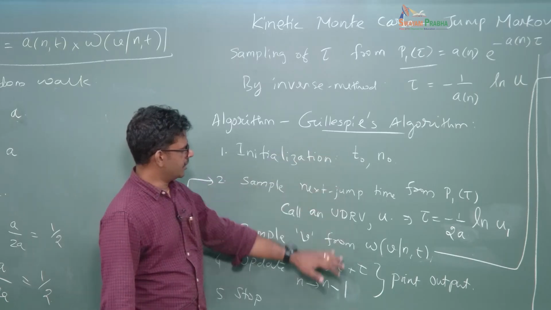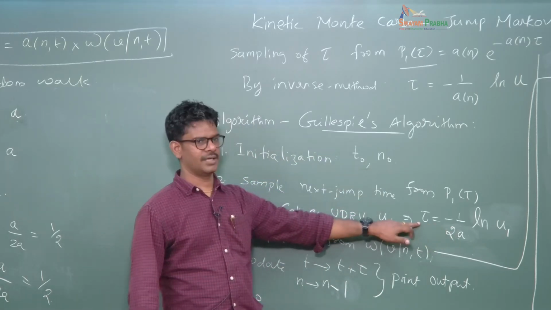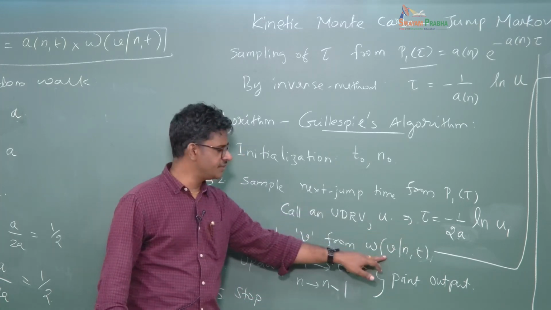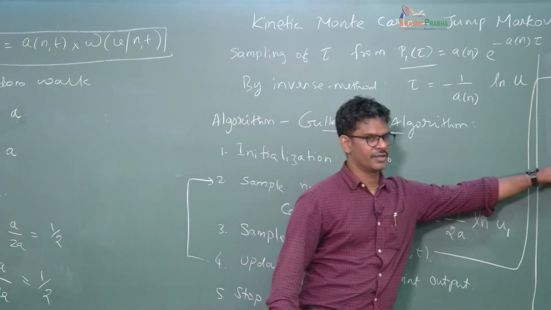So, in this particular algorithm, what you would do is initialize, you know the constant, get the next jump time. After choosing time, you find which nu is going to happen, plus 1 or minus 1, based on this algorithm.